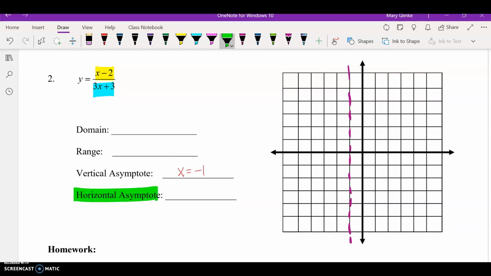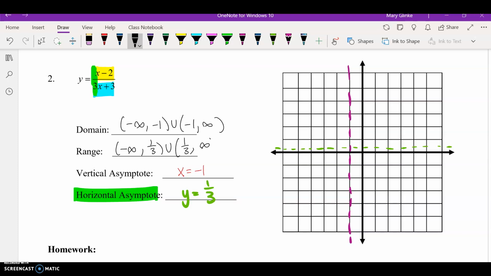Horizontal asymptote, think about what that would be. Ratio of the leading coefficients, so y equals 1/3. Our domain is negative infinity to -1, and then -1 to positive infinity. And for today, our range is going to be negative infinity to 1/3, and then 1/3 to positive infinity.